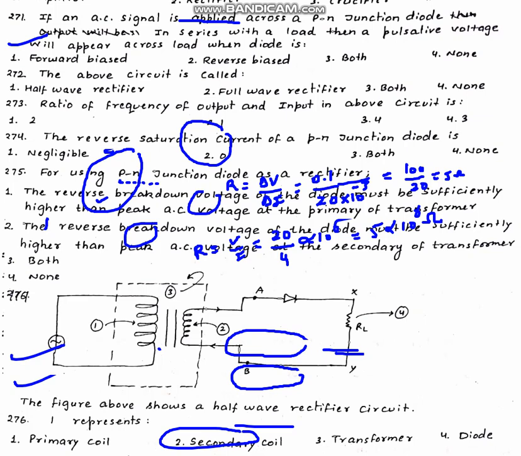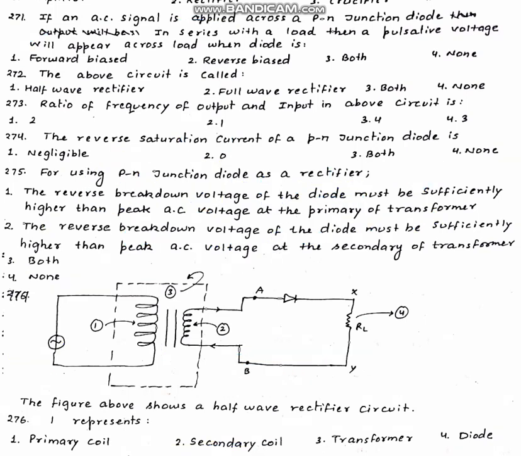Next, if an AC signal is applied across a PN junction diode in series with a load, then a pulsating voltage will appear across the load when the diode conducts, that is when it is forward biased. Next, the above circuit is called the half wave rectifier.